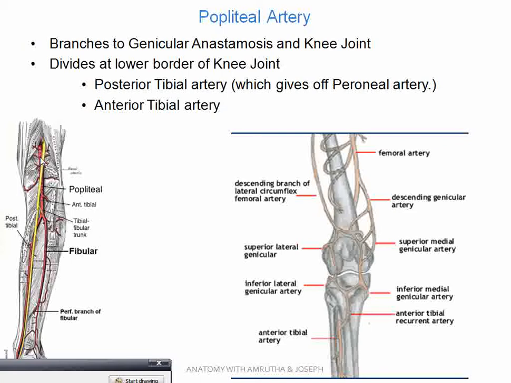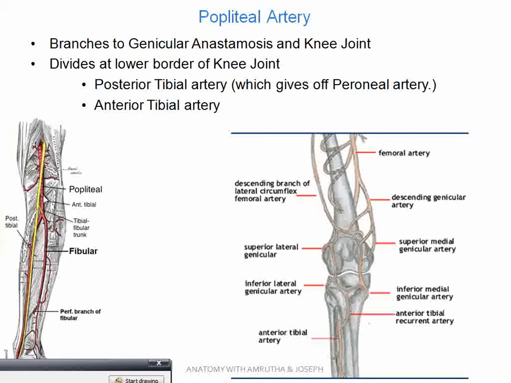Now the popliteal artery gives branches to the genicular anastomosis and knee joint. So this also gives a lot of branches to the genicular anastomosis, and it divides at the lower border of the knee joint into the posterior tibial artery and the anterior tibial artery.